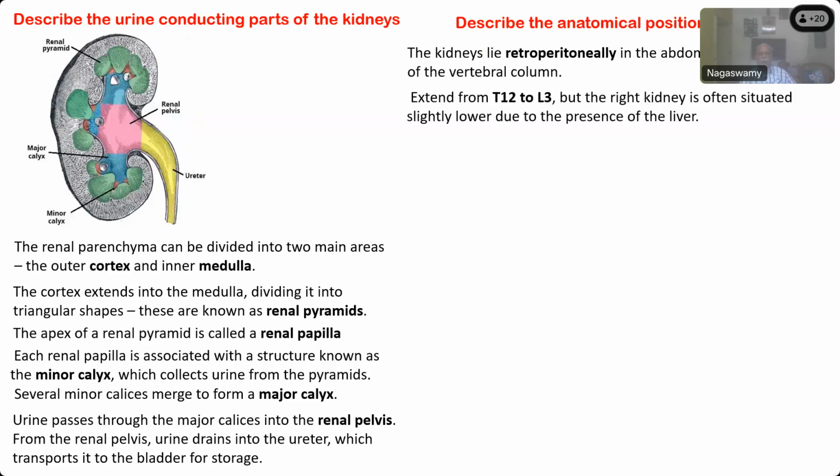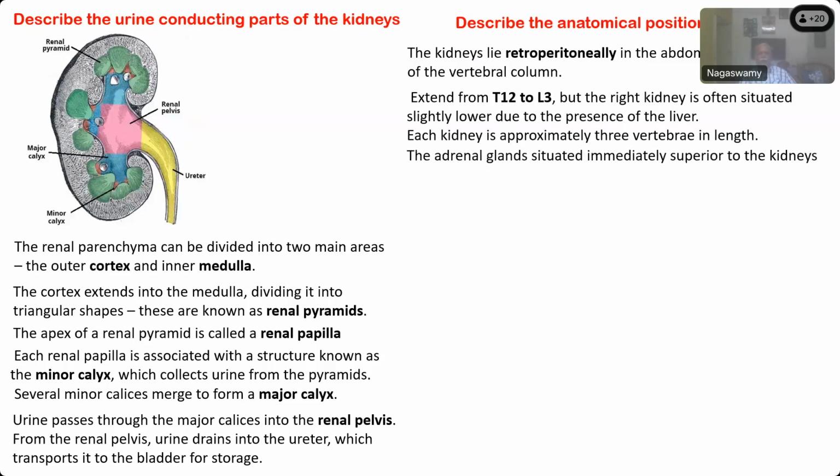Because of the presence of the liver on the right side. Then each kidney is approximately 3 vertebrae in length. Roughly, an adult kidney will be to the extent of the length of 3 vertebrae. Adrenal glands are situated immediately superior to the kidneys. Now describe the structures which are in relation to the kidneys.